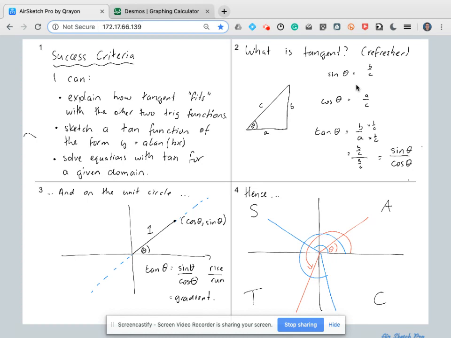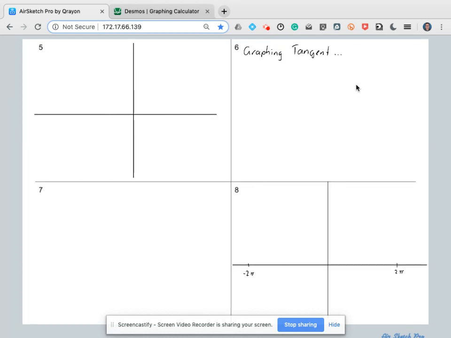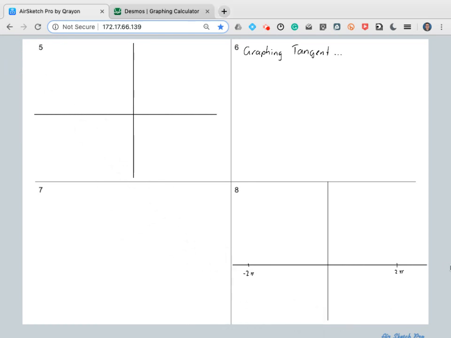Good so far? Alrighty. So let's have a look at what the graph of tangent would look like. I'll just hide that message so we don't lose that bit of screen space.